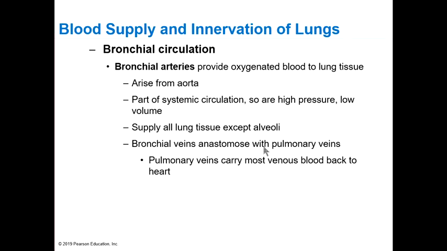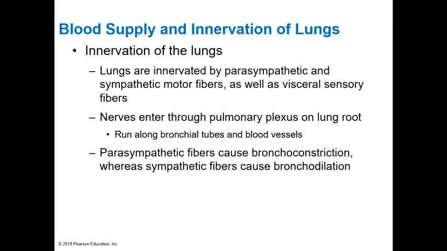It'll anastomose with the pulmonary veins and then back to the heart. Lungs are innervated by parasympathetic and sympathetic, and of course parasympathetic causes bronchoconstriction, where sympathetic causes bronchodilation. We'll see more on this at the very end of this chapter.